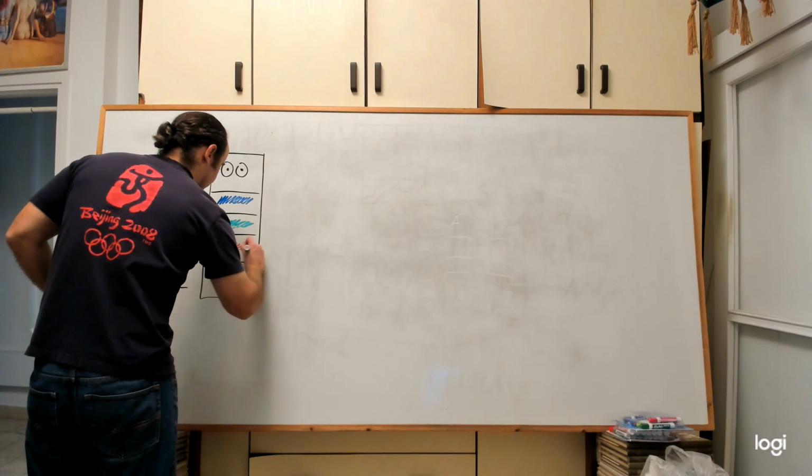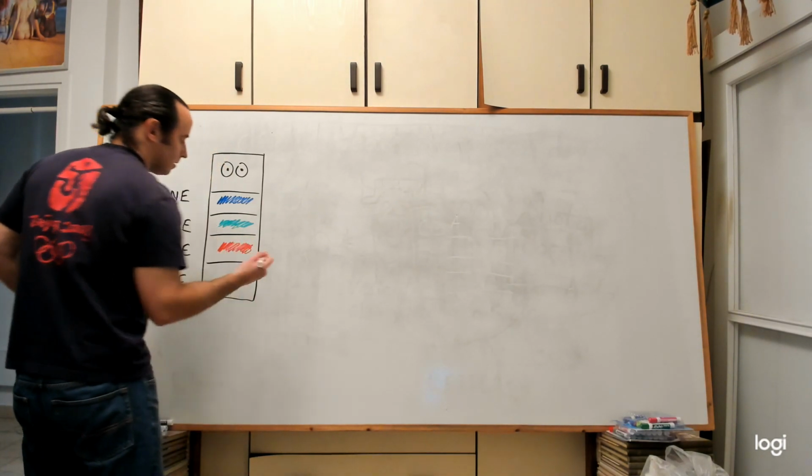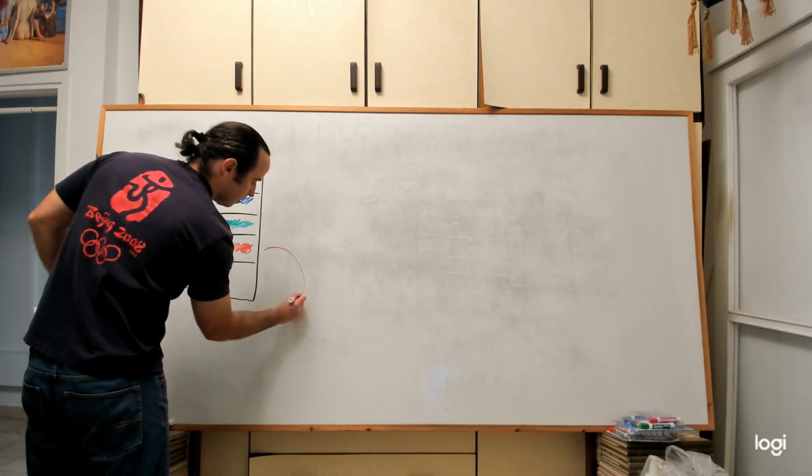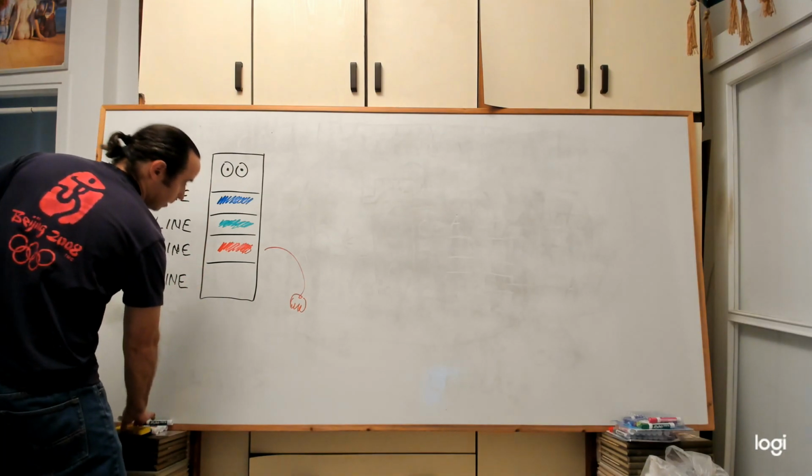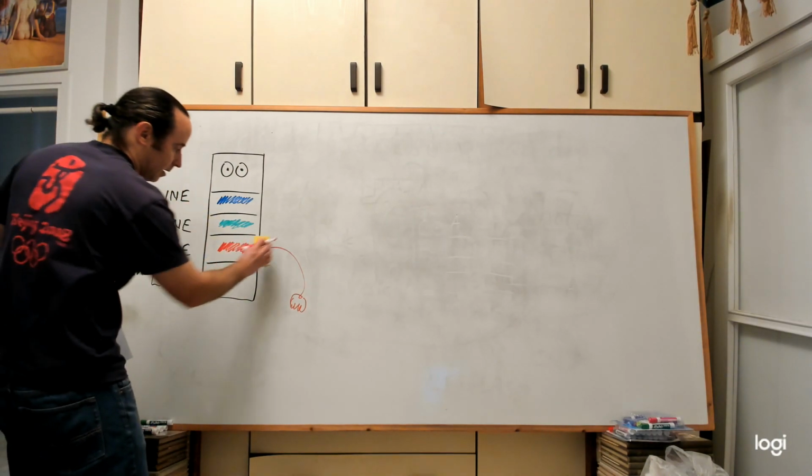Let's say the red one is responsible for this hand. This is what makes the hand. We don't know this, but I'm telling you.